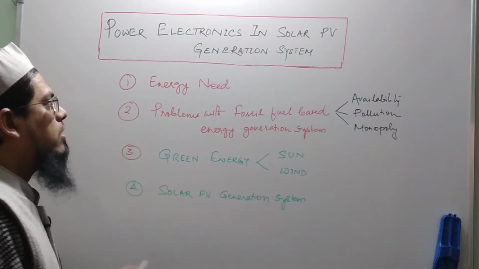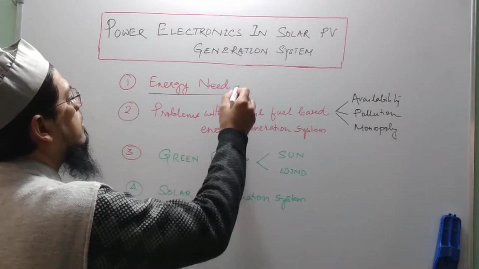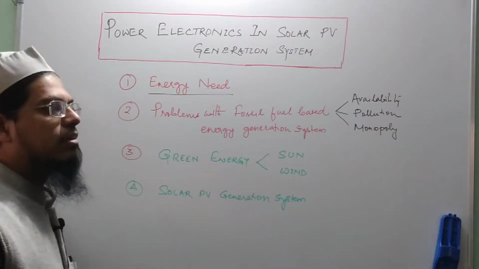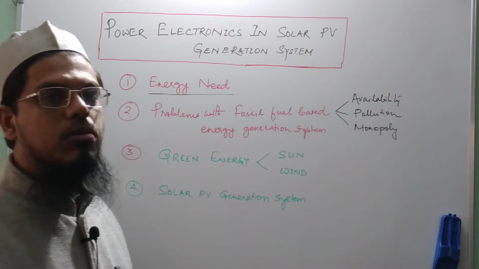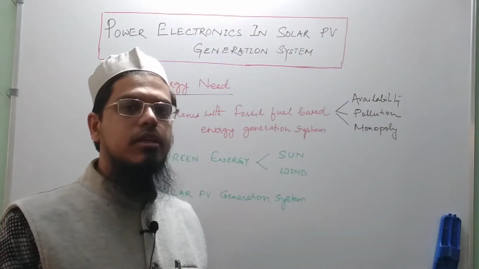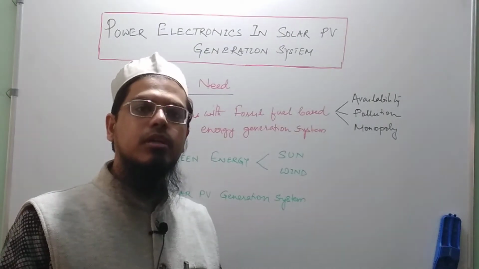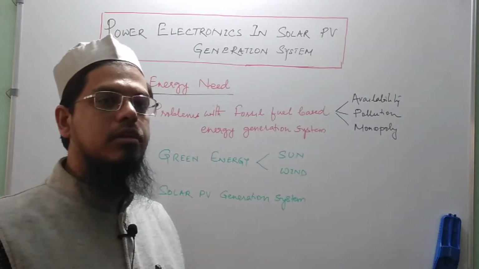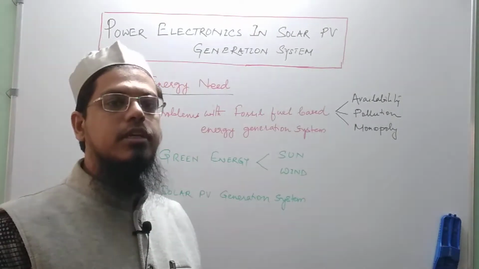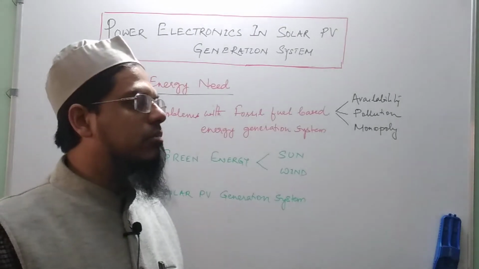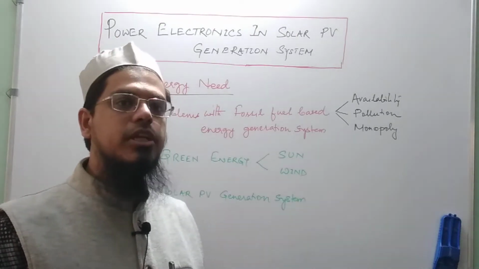Let me start with talking about the energy need. So energy need or energy demand throughout the world is increasing exponentially, especially the developing countries like the countries that are in Asia. The energy demand is exponentially increasing.